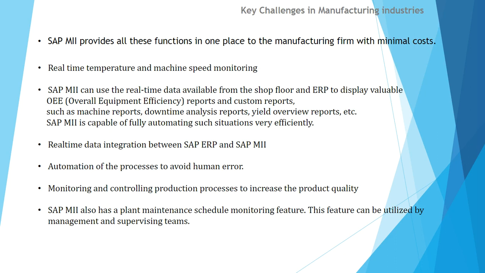Monitoring and controlling production processes to increase product quality: anytime you can monitor and control your production processes on the floor. And SAP MII also has a plant maintenance schedule monitoring feature, and this feature can be utilized by management or the supervising team.